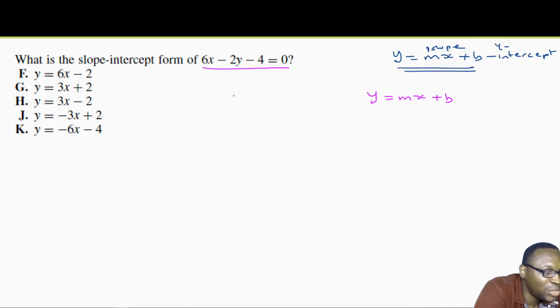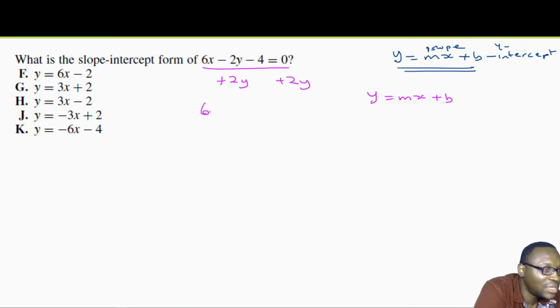So we're going to make sure that we have y on the left-hand side and all the other terms on the right-hand side. So what I'm actually going to do is move the y off. It doesn't matter how you go about it. I'm going to add 2y to both sides of this equation.